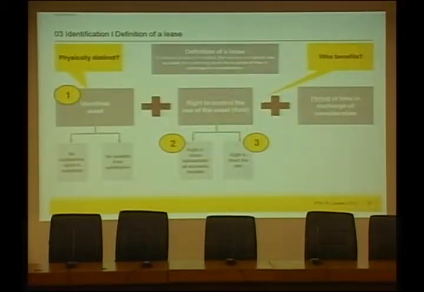So basically, what is a classic lease contract? IFRS 16 has laid down 3 requirements for any contract to be classified as a lease contract. First thing is there has to be an identified asset. In the coming slides we will discuss more about what we really mean by an identified asset.